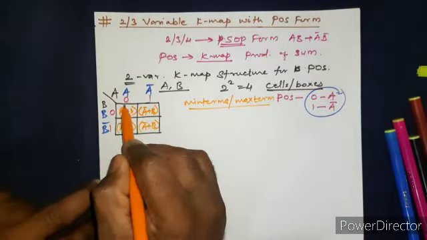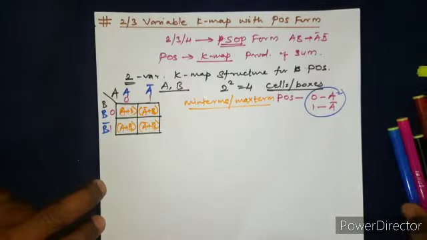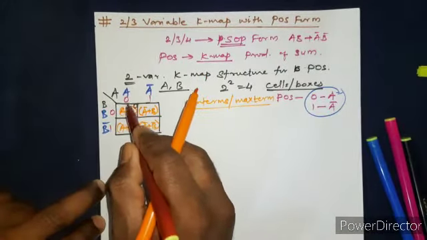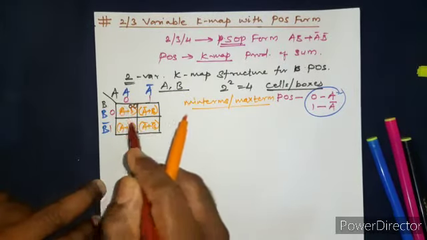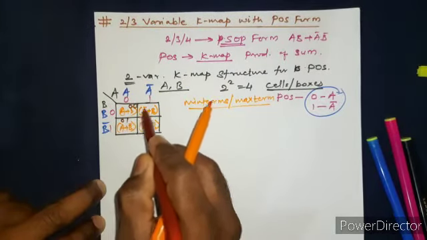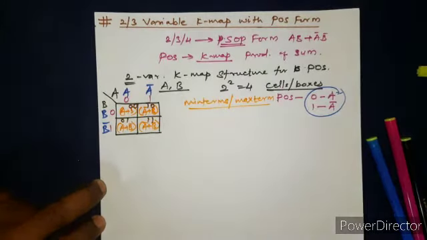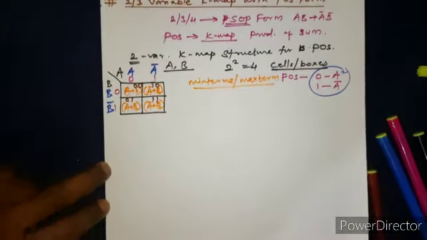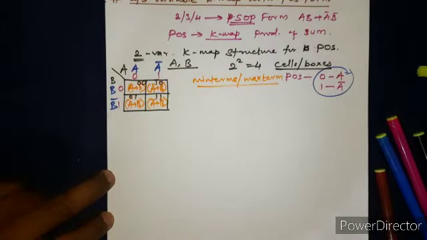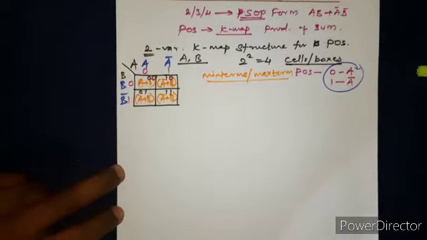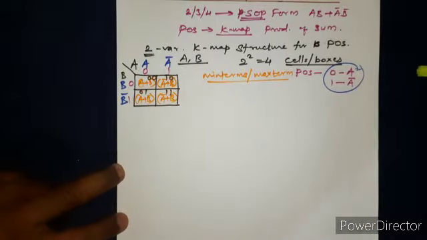So this becomes 0, 0 0 means 0, then 0 1, 1 0, 1 1. So this is how a 2 variable K-map can be represented for the POS form.